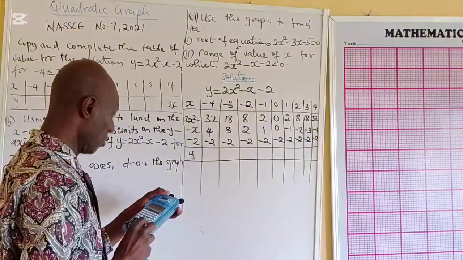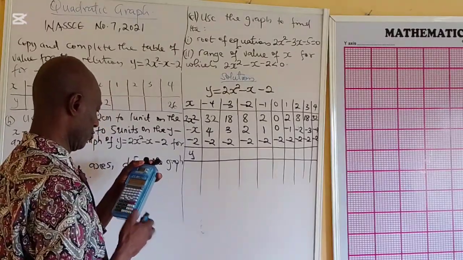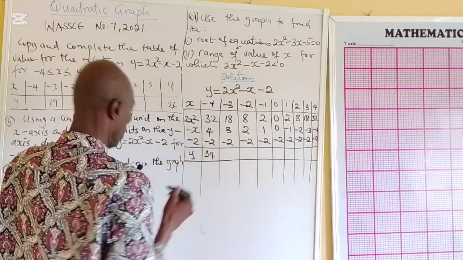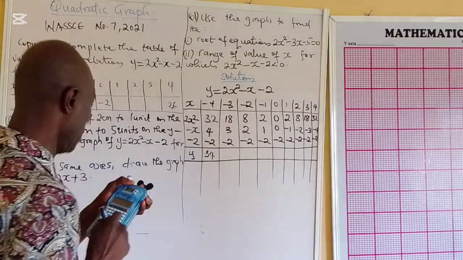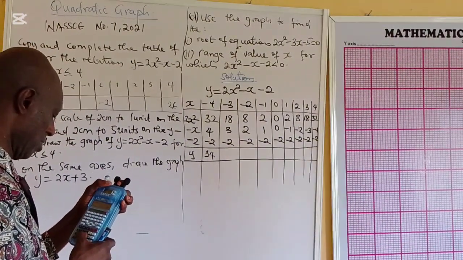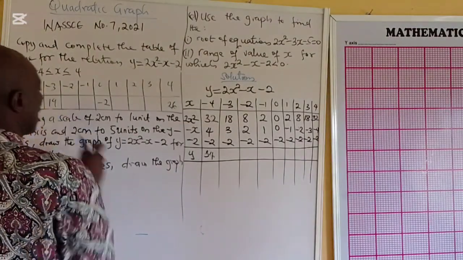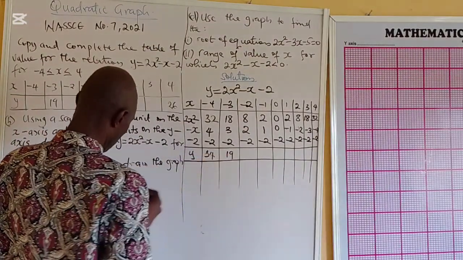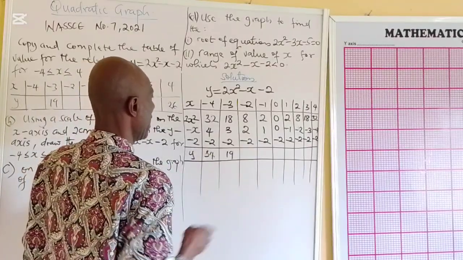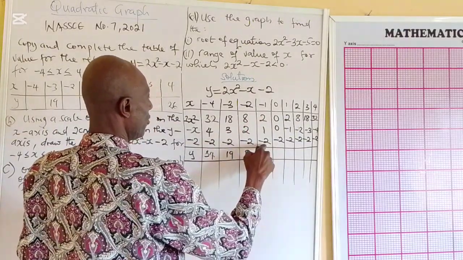32 plus 4 minus 2 gives us 34. Okay? Now 18 plus 3 minus 2 gives us 19. Look at it here, yes, 19. Now 8 plus 2 minus 2 is 8. 2 minus 2 is 0.